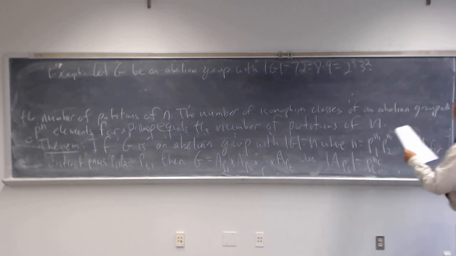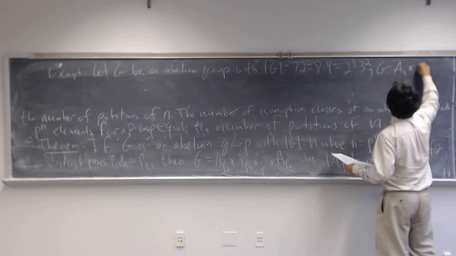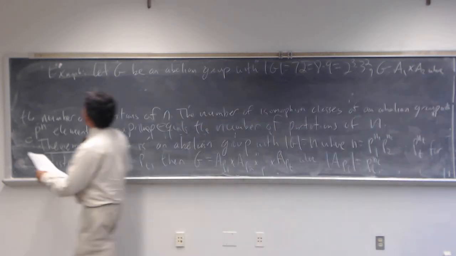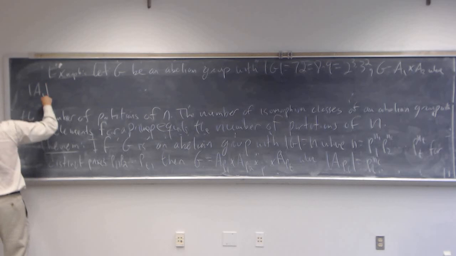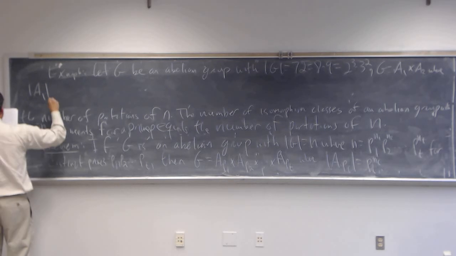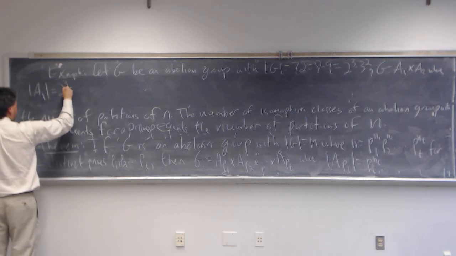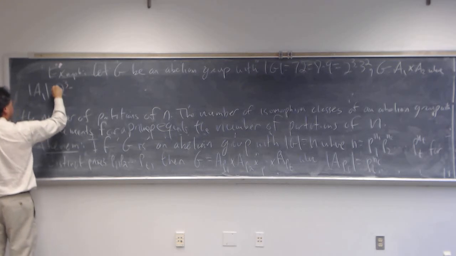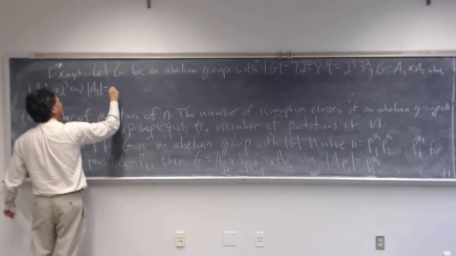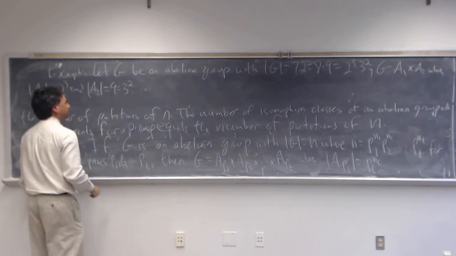So we know that G has to equal A1 cross A2, where A1 has 8, or 2 to the third elements, and A2 has 9, or 3 squared elements.